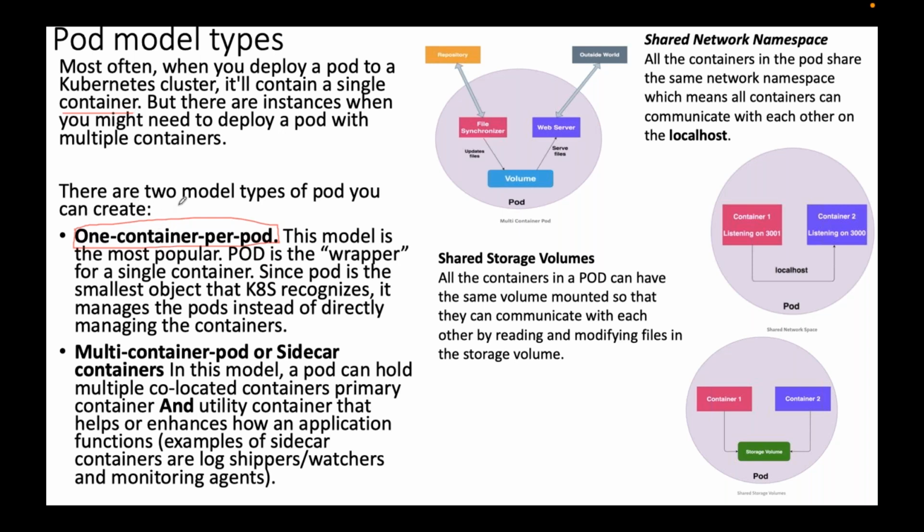So there are two types of pods. We will have one container per pod, which means single container pods. In this model, the pod is the wrapper of a single container. So inside the pod, you will have only one container. But in some use cases, you will have a multi-container pod, or we call it sidecar containers or helper containers.